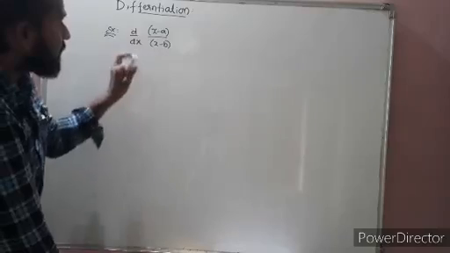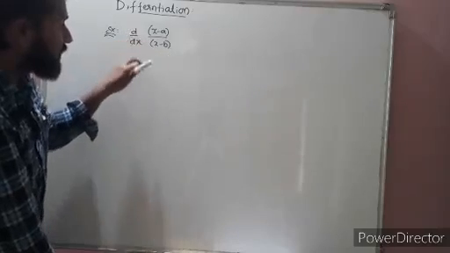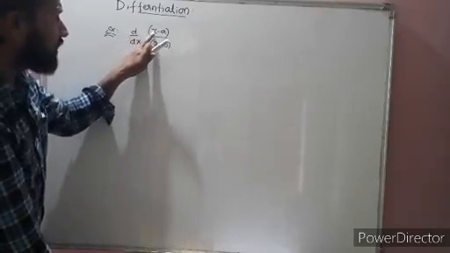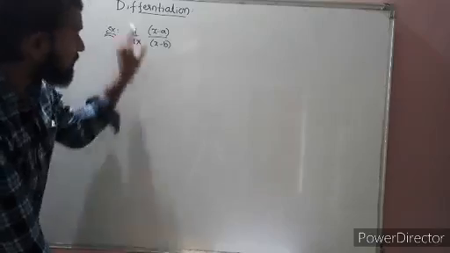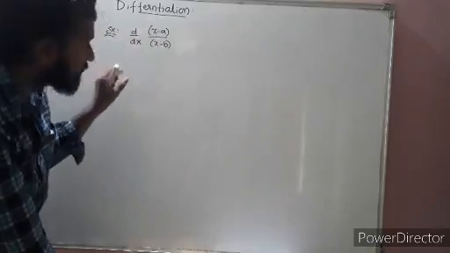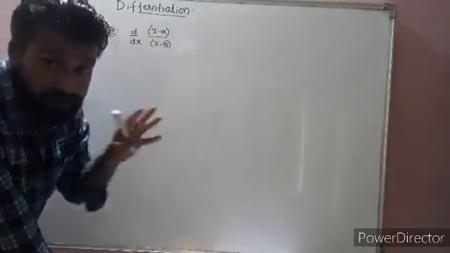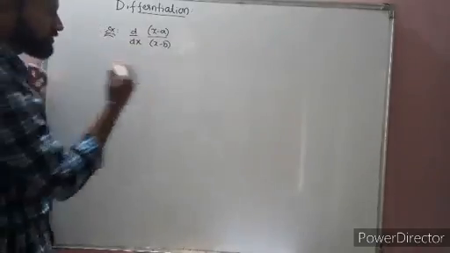Okay. Well, now this is a question from 11th standard. I have to take a derivative of (x minus a) divided by (x minus b). As you can see, this is one function and this is one more function, so there is division. So we have to use rule number 4. What does that rule say?